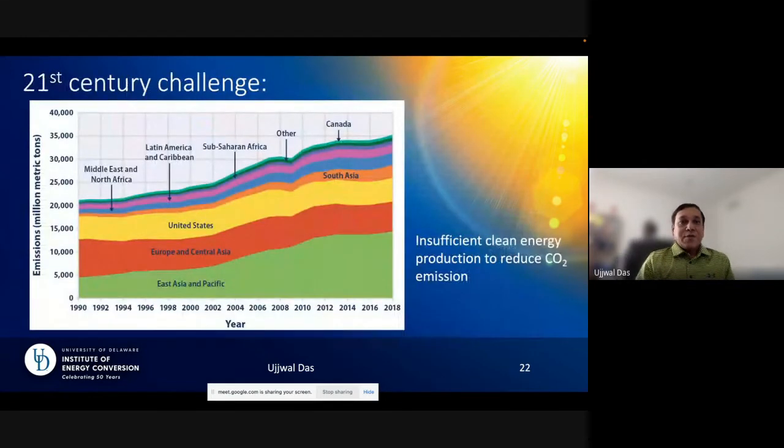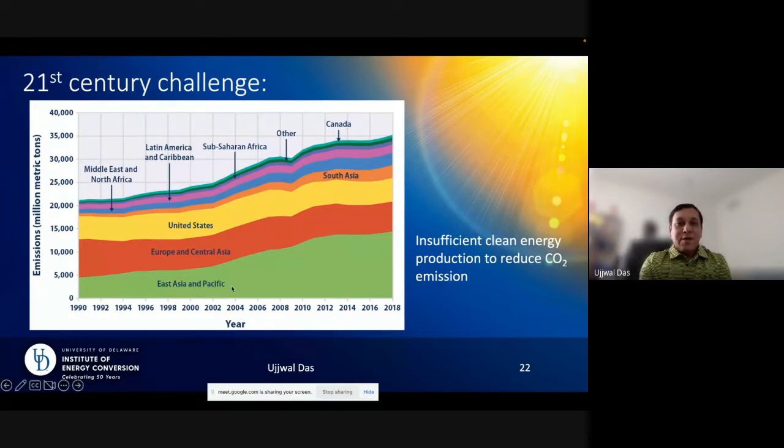So now if we fast forward to the 21st century, we see a little bit of challenge. The figure shows here the carbon emission from 1992 until about 2018. In the middle, you see the two region where the developed countries are able to maintain the same level of CO2 emission or maybe have reduced a little bit over the last 30 years.